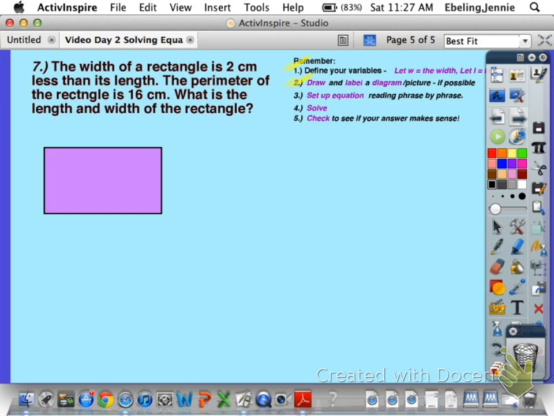Okay, this question is asking me for the length and the width of the rectangle, same as last time. So I'm going to go to my picture, and I am going to say that this is my width, and this is my length. Not sure what those algebraic expressions are going to be just yet, but I'm going to go back and read the problem. This one says the width of a rectangle is 2 centimeters less than the length.